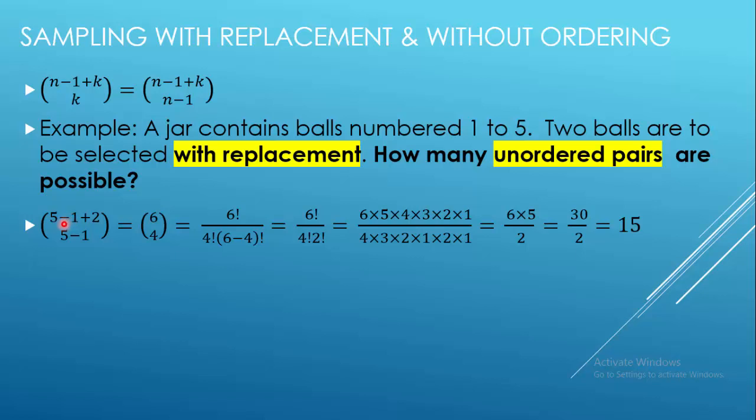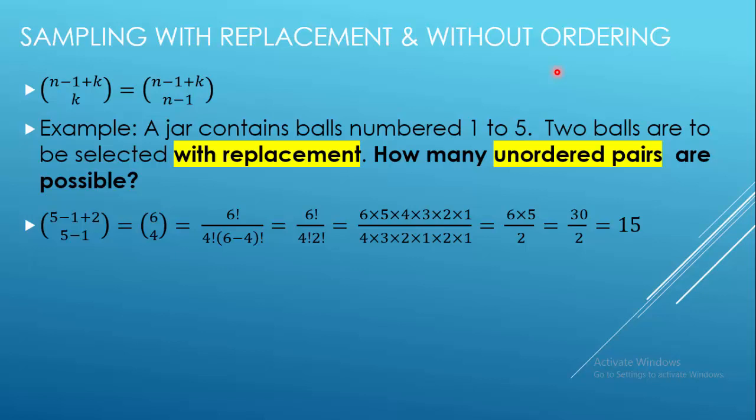We simply put n and k in this equation over here. We get 6 choose 4, and 6 factorial divided by 4 factorial multiplied by (6 minus 4) factorial gives us 15. So here you can see the number of trials has increased, because here the ordering is important.